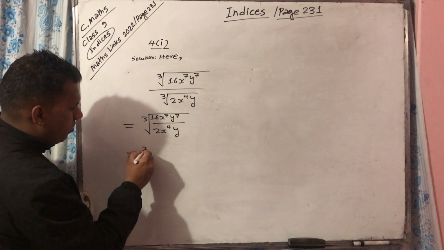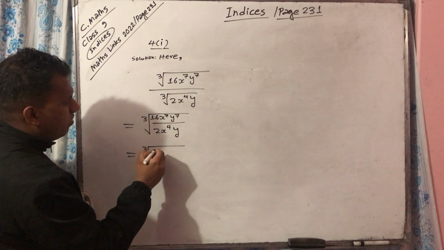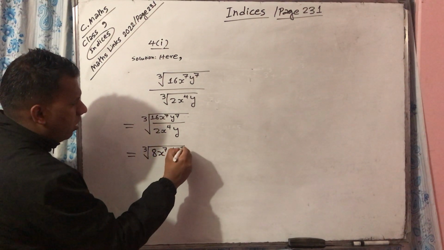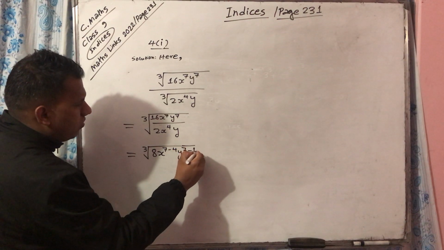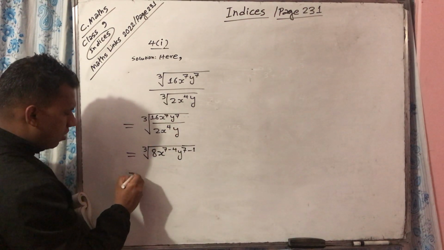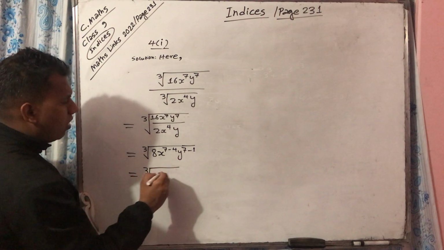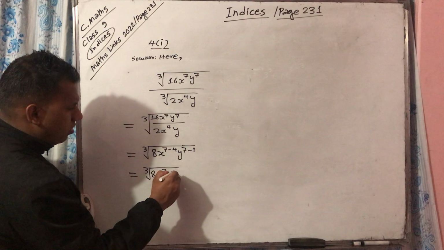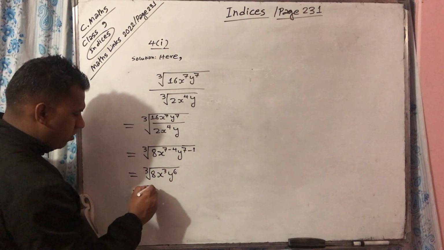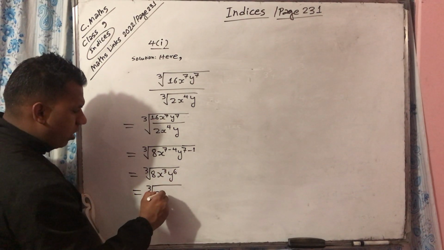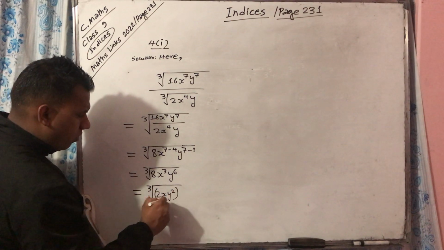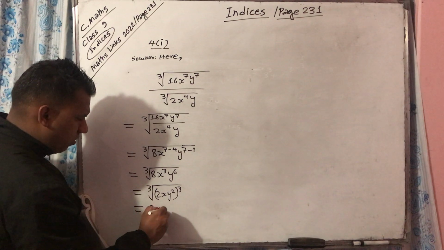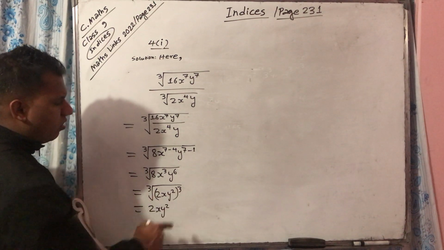This is equal to cube root of 16 divided by 2, that is 8, x to the power 7 minus 4 and y to the power 7 minus 1. No power means power 1. So cube root of 8 x to the power 3 y to the power 6. This is equal to cube root of 2x y square whole cube. Order and power are the same, so the answer is 2x y square. Order and power cancel each other.